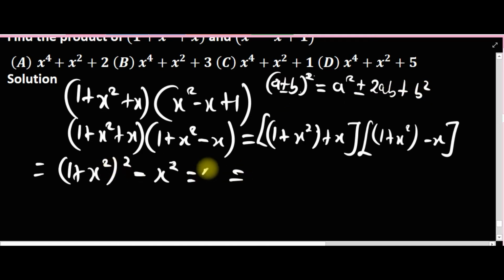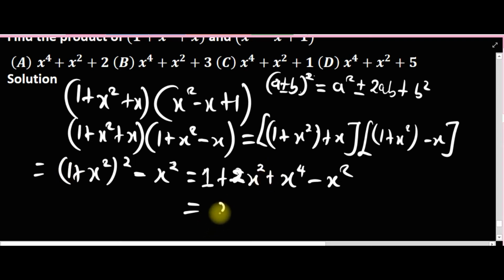This is 1 squared, which is 1, plus 2 times 1 times x squared, which is 2x squared, plus x squared raised to power 2, which is x raised to power 4, so minus x squared.